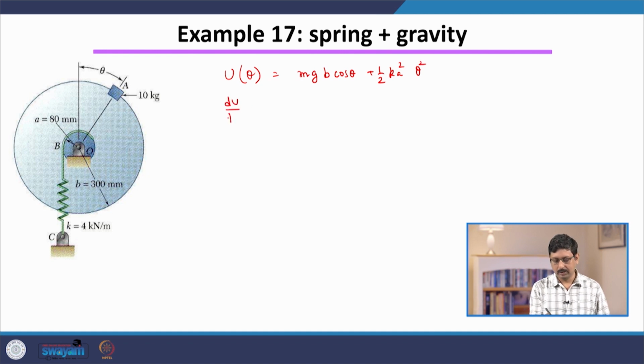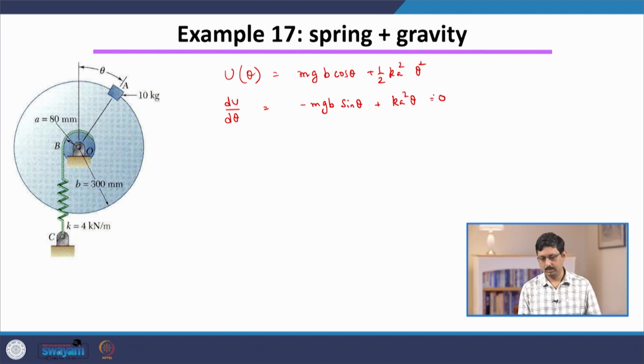Then if I calculate du d theta, we get minus mgb sin theta plus k a square theta, and if we set it to 0, that is the condition for extremum, maximum or minimum, then we get an equation that sin theta is equal to k a square divided by mgb times theta.